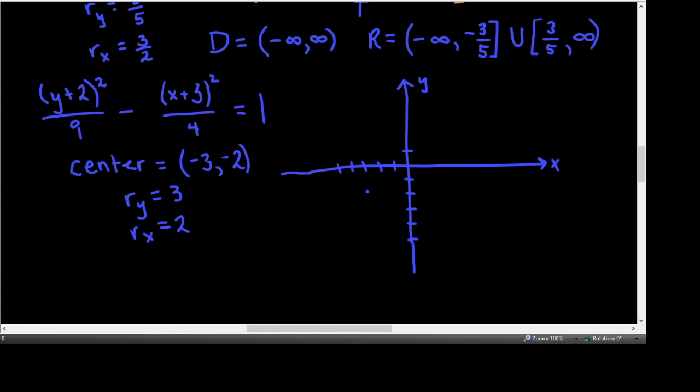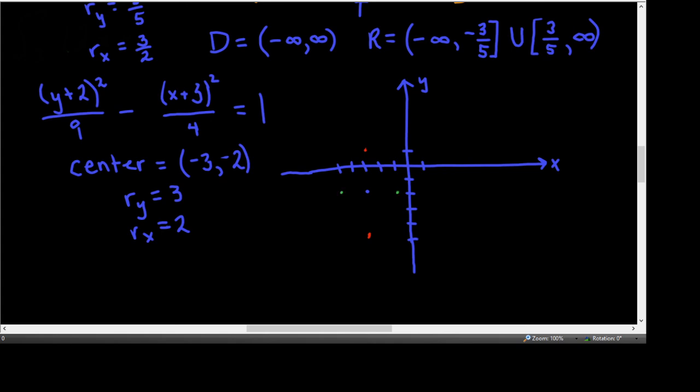I always like to have at least one mark on each part of each of the two axes, so I went ahead and put a +1 mark for x. All right, so in the y direction, I'm going to go 3, so up 1, 2, 3, and down 1, 2, 3. Then I'm going to go in the x direction from the center, right 2 and left 2.